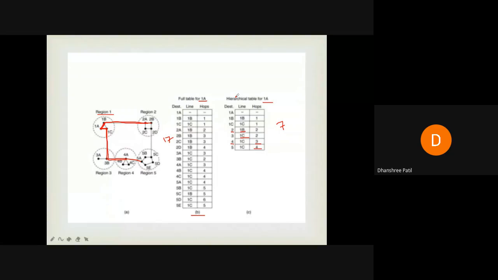Hierarchical routing, why it is used and how it is implemented. Any doubt? Doubt असेल तर विचारा.